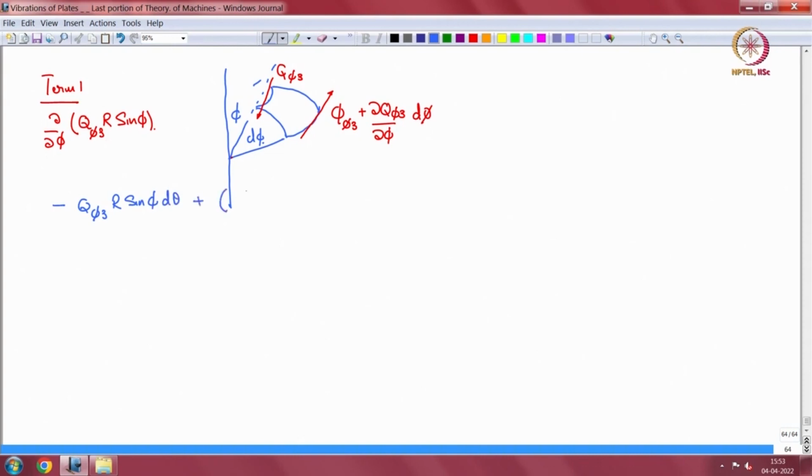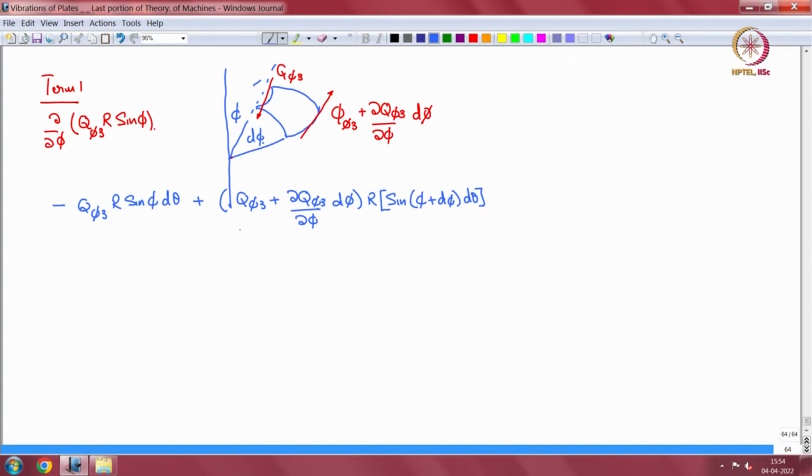Now the incremented side, q phi 3 plus del q phi 3 by del phi d phi, and the length is also incremented, r sine of phi plus d phi, d theta.